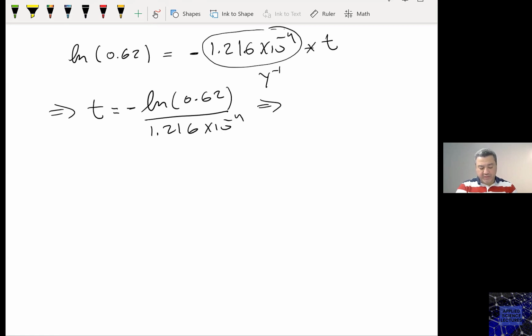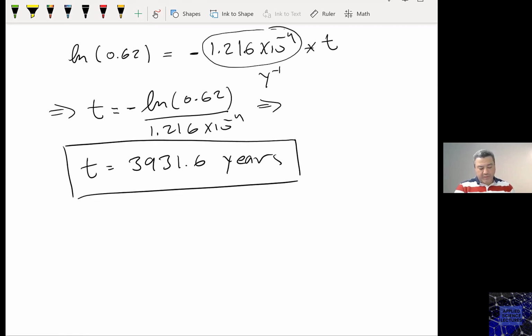And t becomes 3,931.6 years. As long as you took this unit to be per year, then expect this time to be in years.